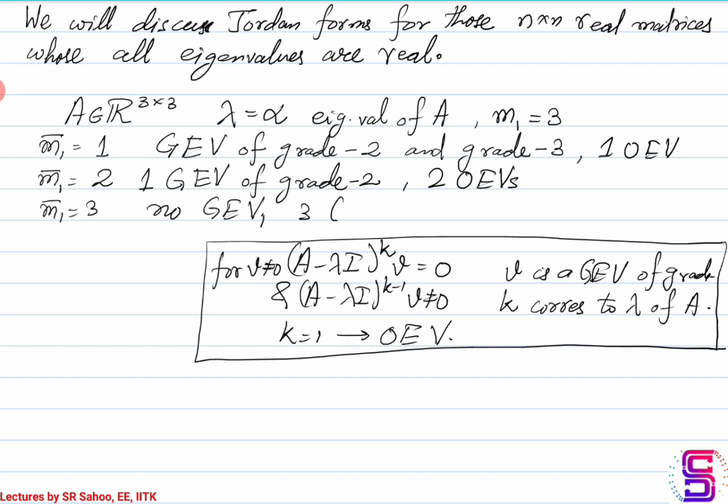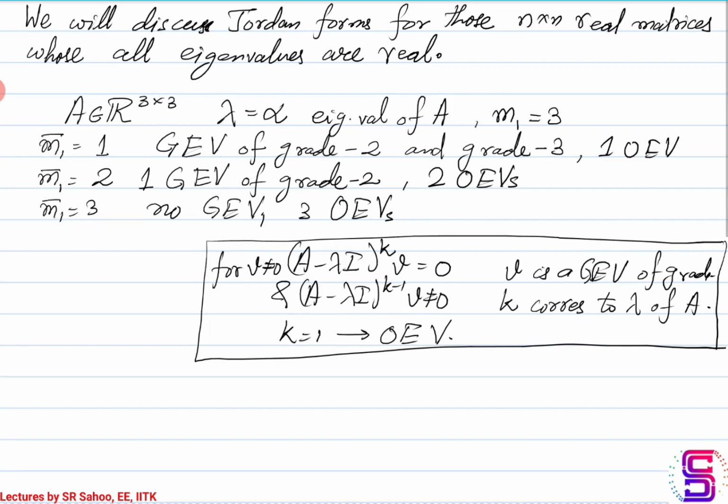And here you have no GV but three OEBs when M1 bar is equal to 3. When M1 bar is equal to 2, this GV can come from either of the ordinary eigenvectors or a linear combination of these ordinary eigenvectors.